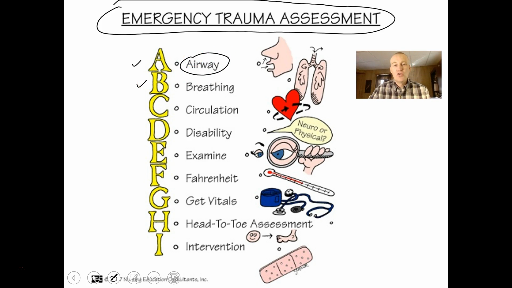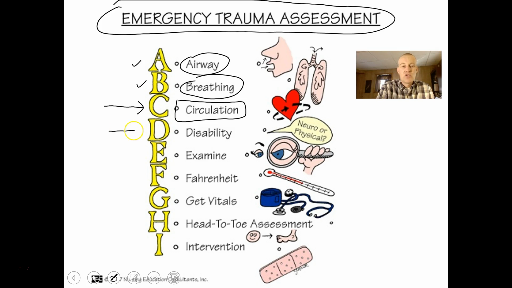B means breathing. If they have an airway, are they breathing? If they're not breathing, you've got to breathe for them. But notice the third, circulation, is really important, because if you're not circulating blood, then you're not getting oxygen and nutrients to your brain and to your heart, and that tissue dies pretty quickly.